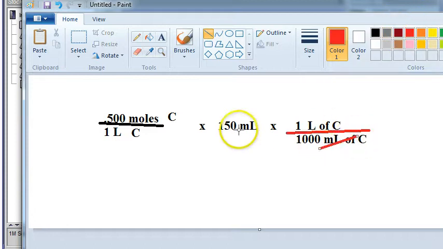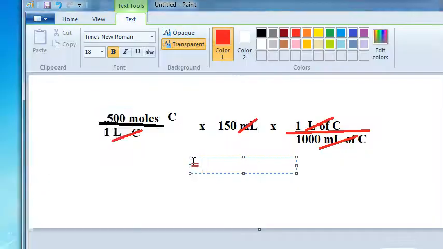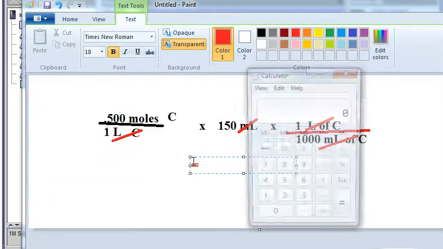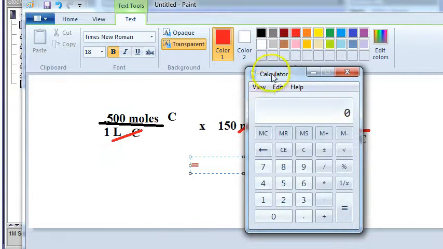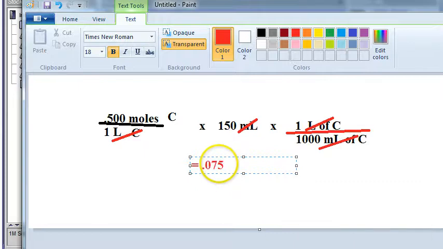Milliliters of C cancel with milliliters of C, liters of C cancel with liters of C, and you end up with moles of C. So, calculator: 0.5 times 150 divided by 1,000 is 0.075, so that's 0.075 moles of C.